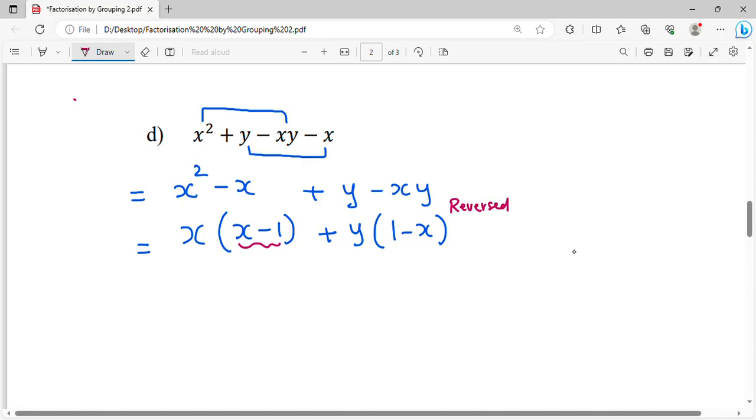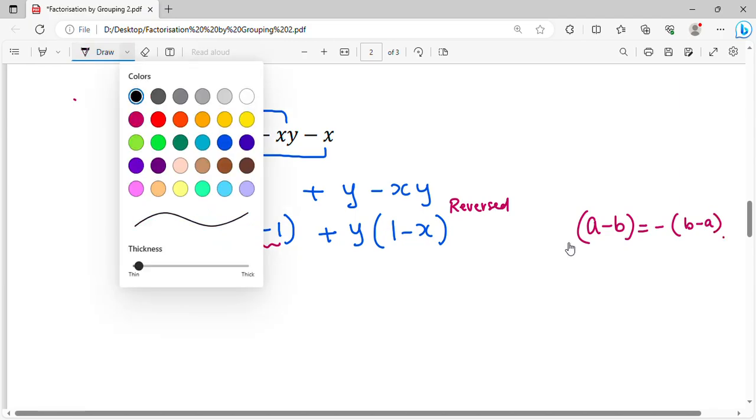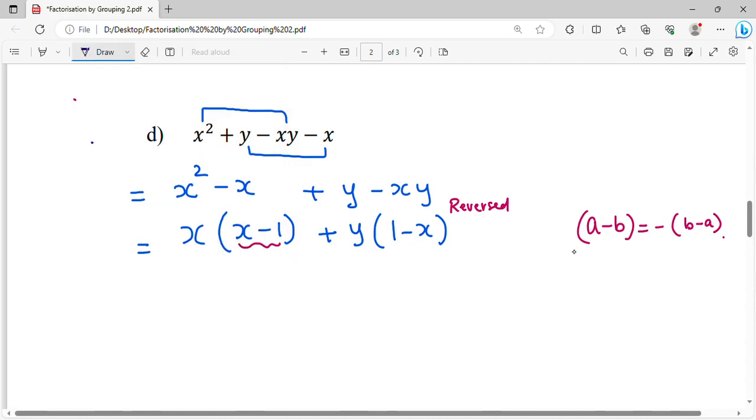So we saw that a minus b is minus (b minus a). I would have told you this in my previous video also. So what I could do is go back to x(x minus 1). I could change this to minus, let me bring out the minus sign, minus y, and I could change this to (x minus 1).